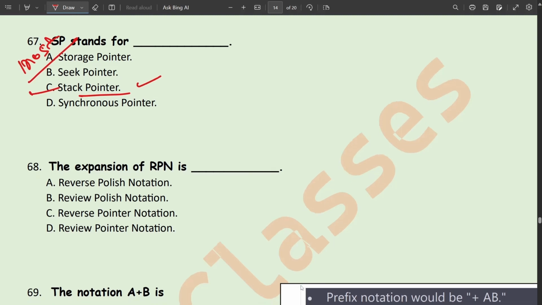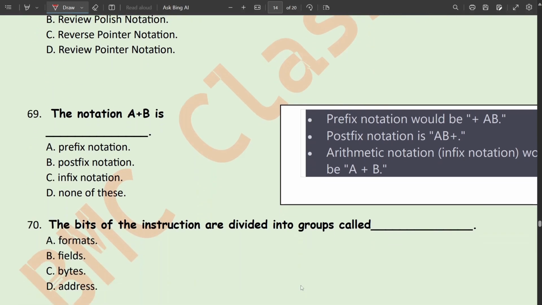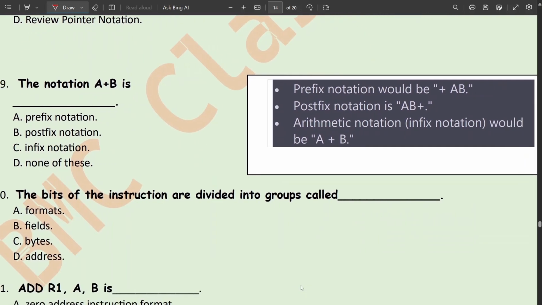Next, the expansion of RPN. Answer is reverse Polish notations. Next, the notation A plus B is what?